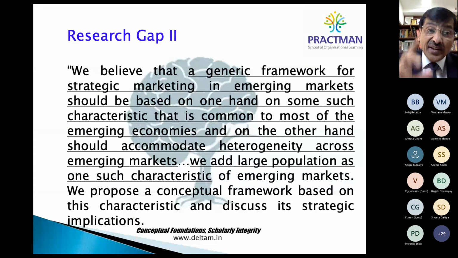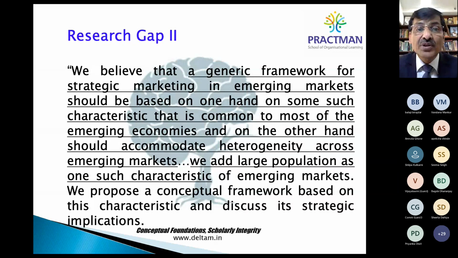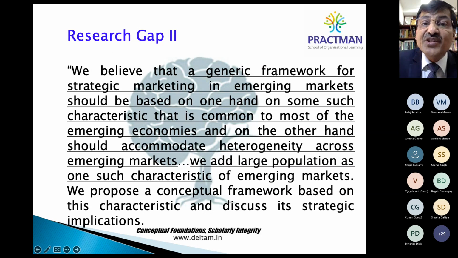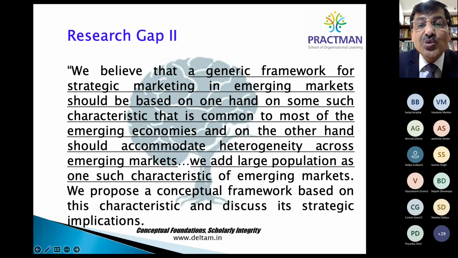So then we concluded on the basis of this entire literature review, we said we believe that a generic framework for strategic marketing in emerging markets should be based on one hand on some such characteristics that are common to most of the emerging economies, and on the other hand should accommodate heterogeneity across emerging markets.